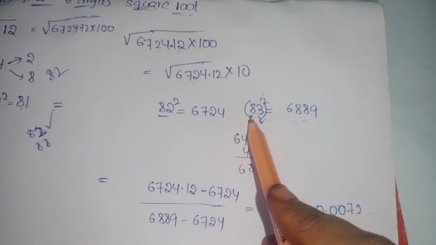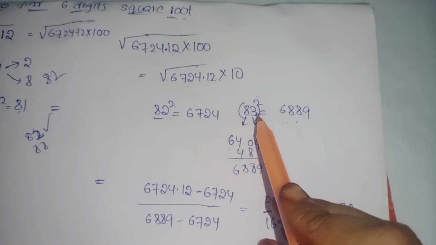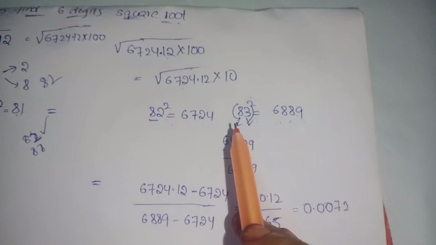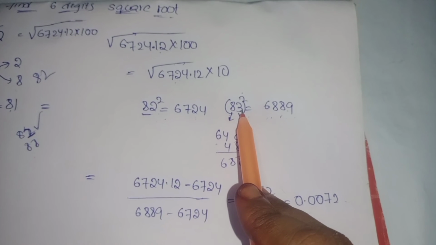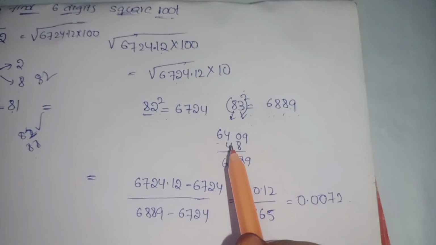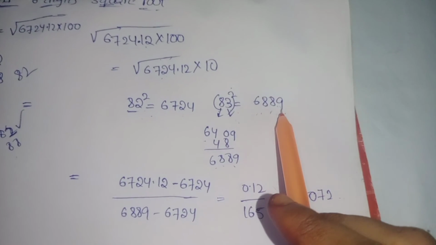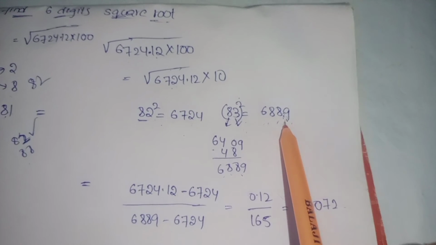First you square 8, which is 64, and square 3, which is 09, and multiply 8 into 3, which is 24, and 24 into 2 is 48. I am getting 6889. So this is the nearest number and this is the nearest highest number.